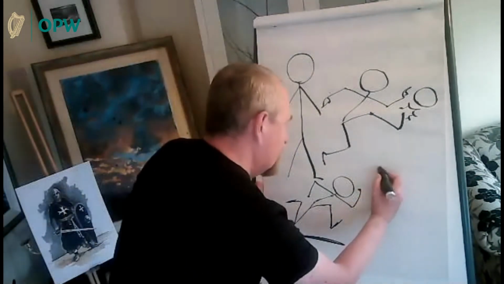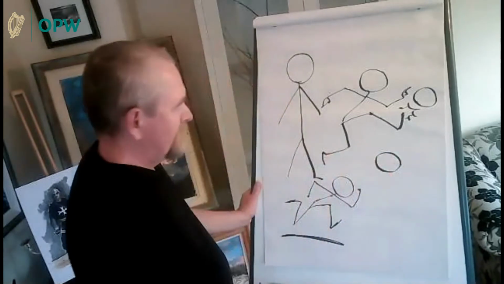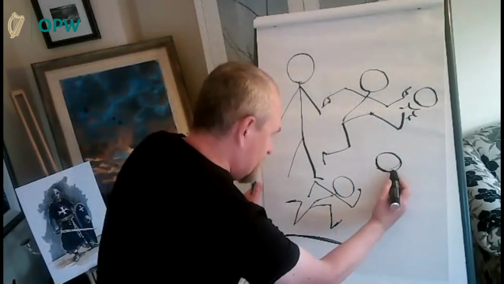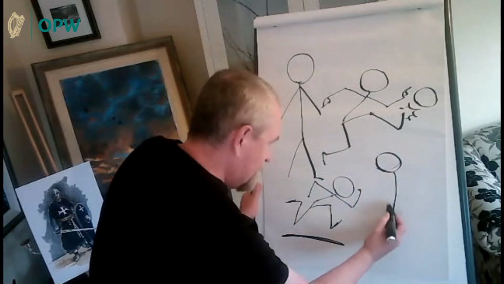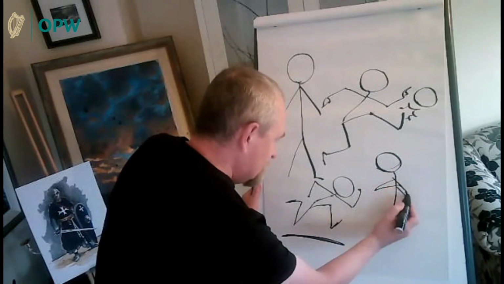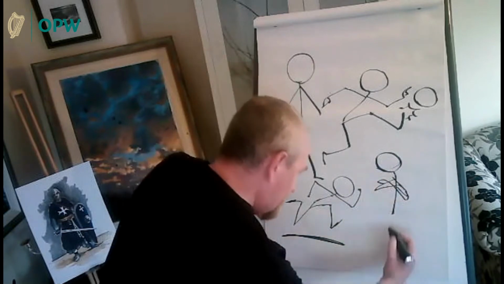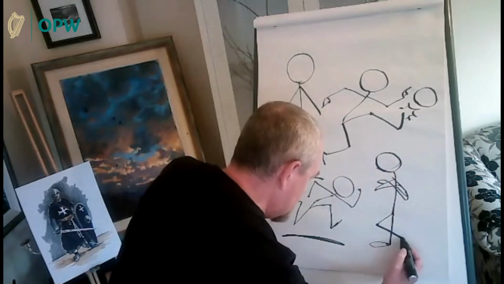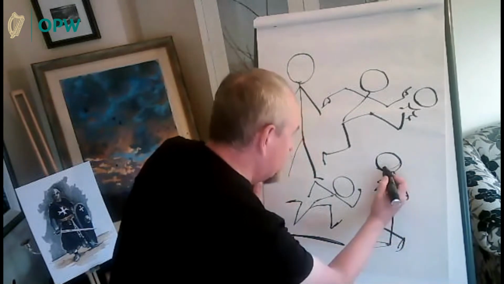Give him some attitude maybe, if we do that, and we get the head. Let's see, give him folded arms. Cross his legs. Oh, there's the dog making his opinion clear.